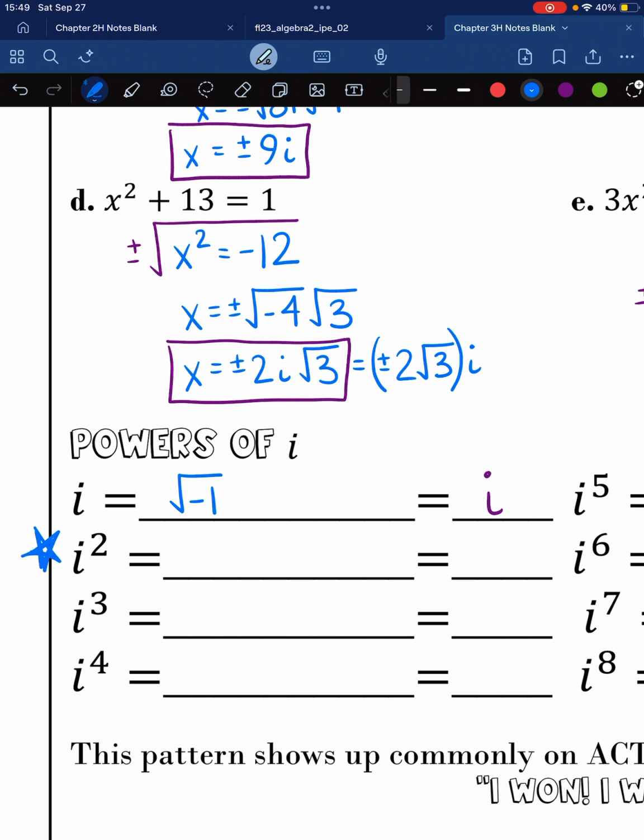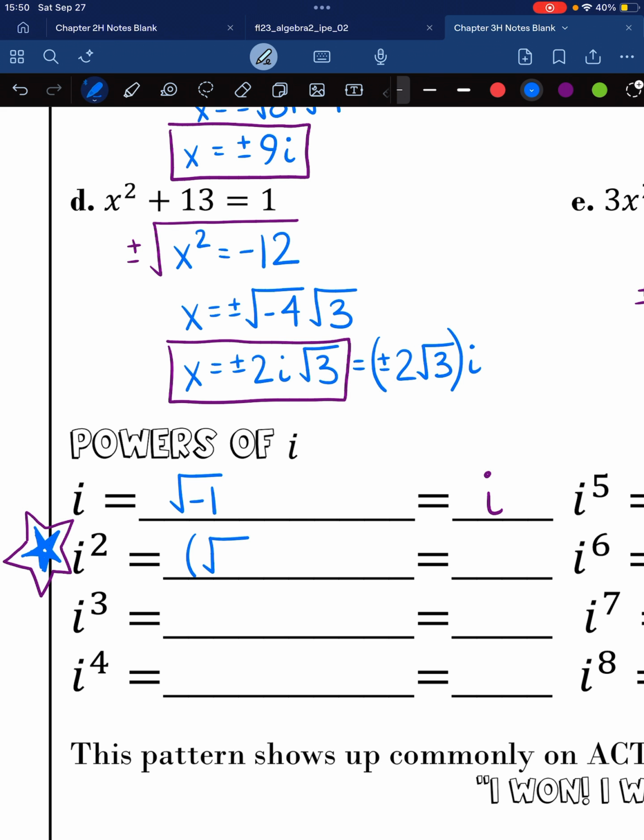Okay, but i squared is probably the most important thing in this list for this course because it shows up a whole lot. So I'm going to put a big old star. I'm going to emphasize that star, make it look super important because you need to remember the fact that i squared is going to simplify to a very convenient number.